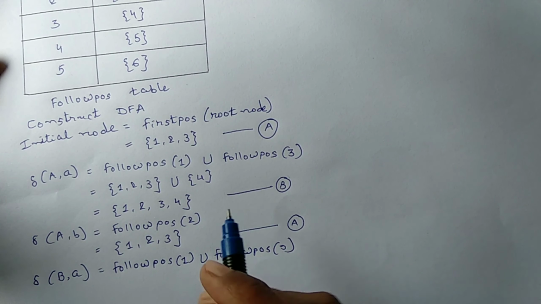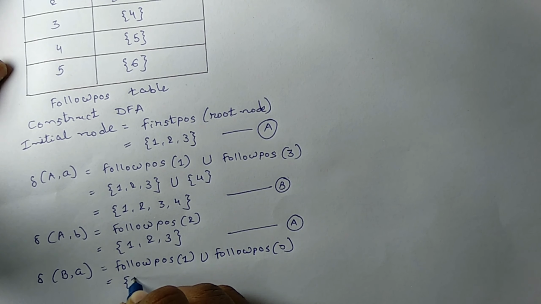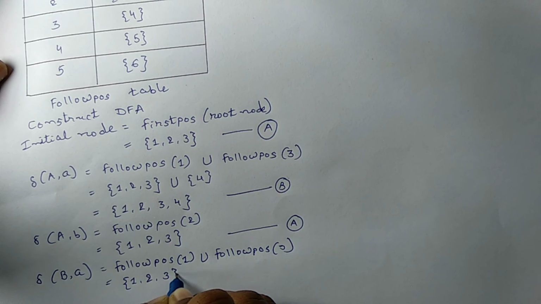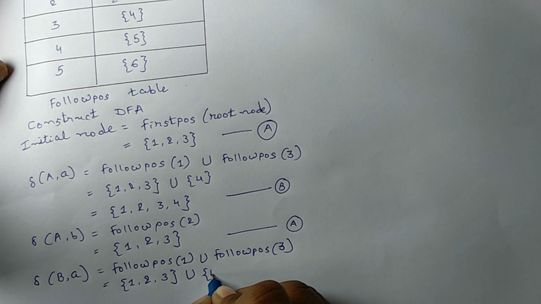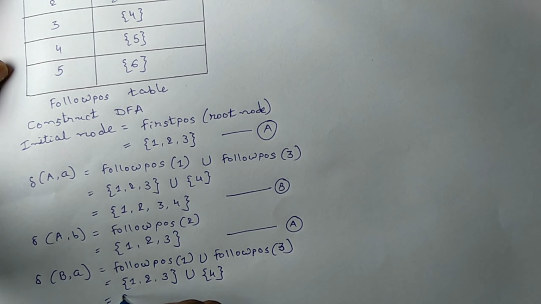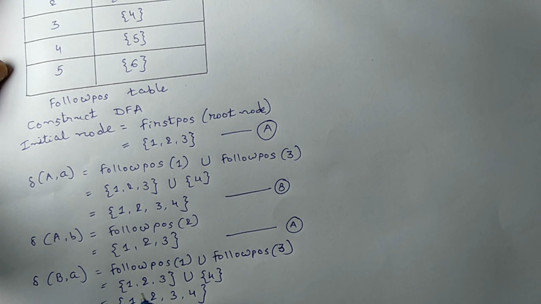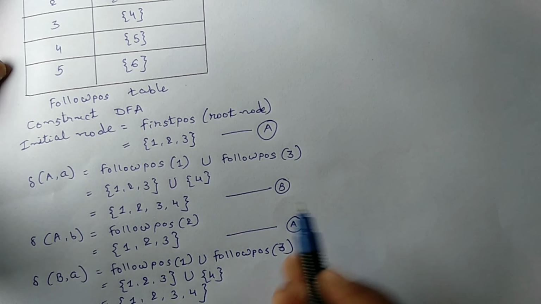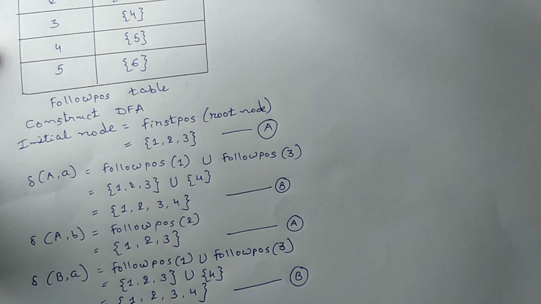So follow position of 1 2 3 union follow position of 3, which is 4. So delta B to A is 1 2 3 and 4. 1 2 3 4 is already in B, so give the name B.